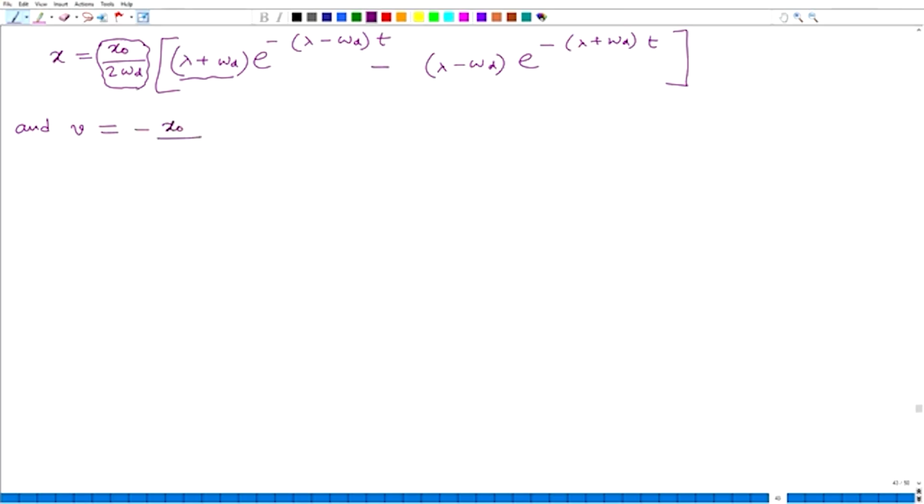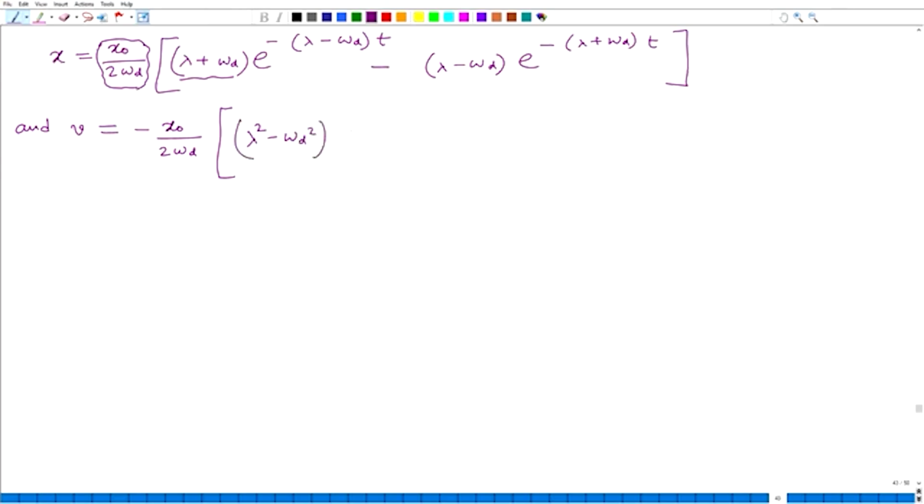So, x0 by 2 omega d. Of course, velocity is a vector, speed is a scalar, we all know. Just trying to say that here we do not have to consider different components of velocity, that is what I mean. I am not saying that velocity and speed are exactly the same quantities. So if you now write again, you will have lambda square minus omega d square.